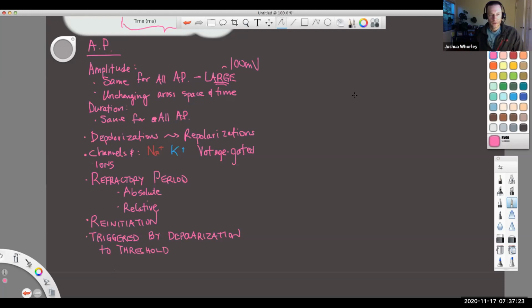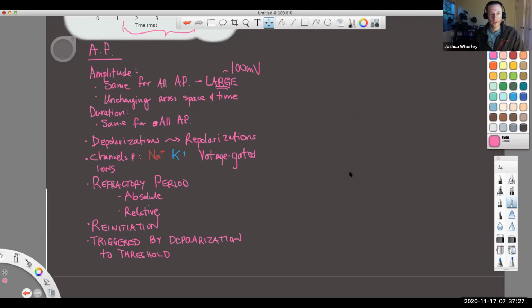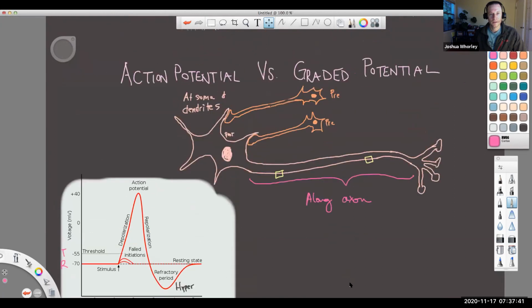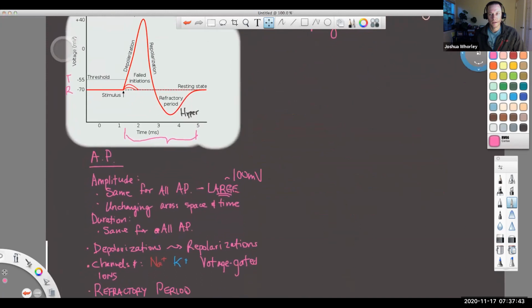Okay, so I think this allows us now to contrast these with graded potentials and say a little bit more about graded potentials. I'm just going to draw on this for our graded potentials. So here we've got our graded potentials, right?